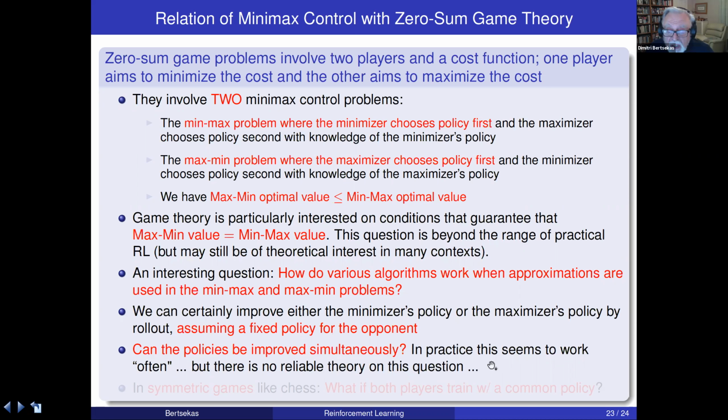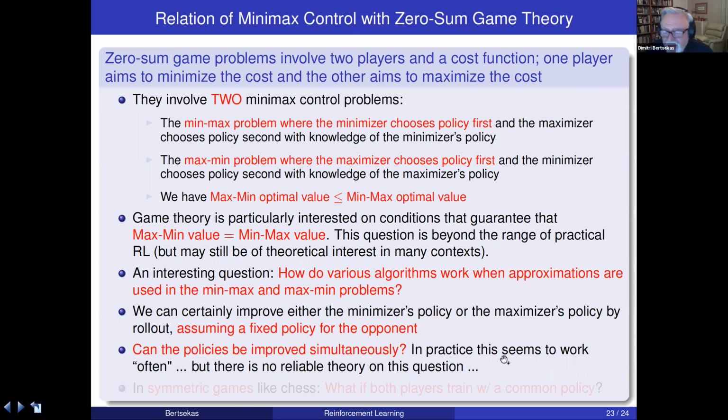In other words, is it possible to play against Magnus Carlsen, and as you improve the playing policy against him, he changes his policy. Not only do you learn from him, but he also learns from you, okay? Then what happens? What kind of algorithm would you use? And what kind of guarantees does this have?